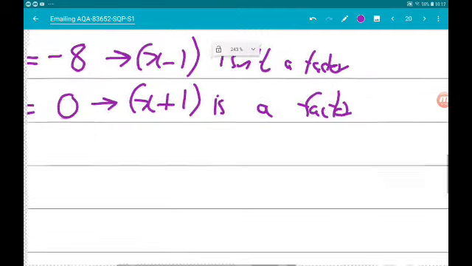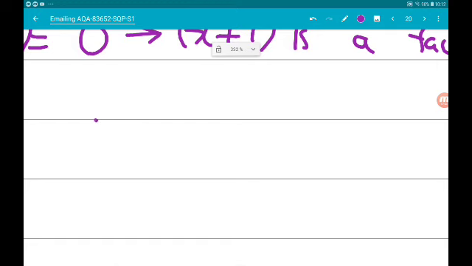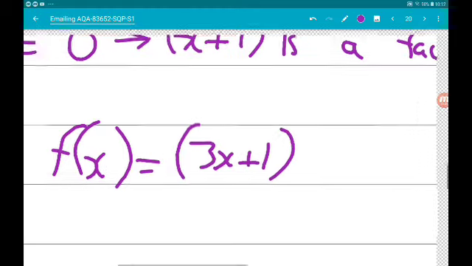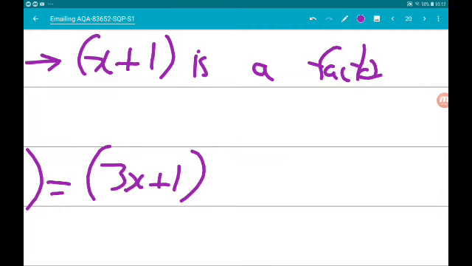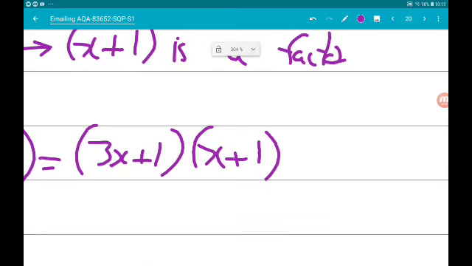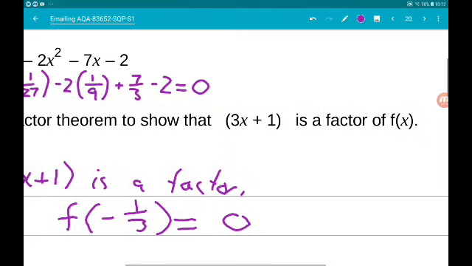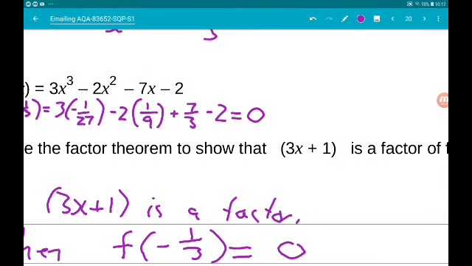Now that we know 2 factors, we can work out the last one. So f of x is 3x add 1 times x add 1. Now to work out the final factor, well, we know that f of x has a 3x cubed, so we're just going to need an x there. Now at the end of f of x, we have a minus 2.